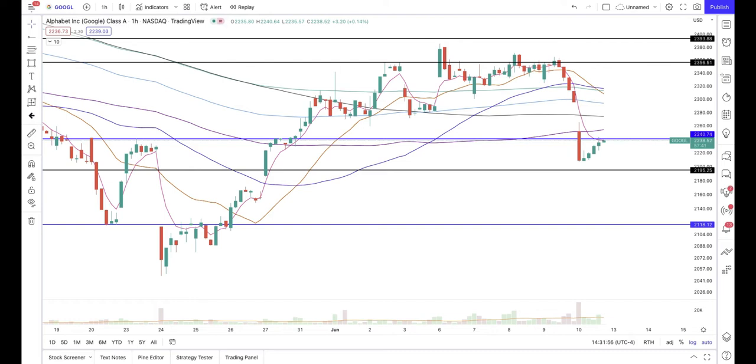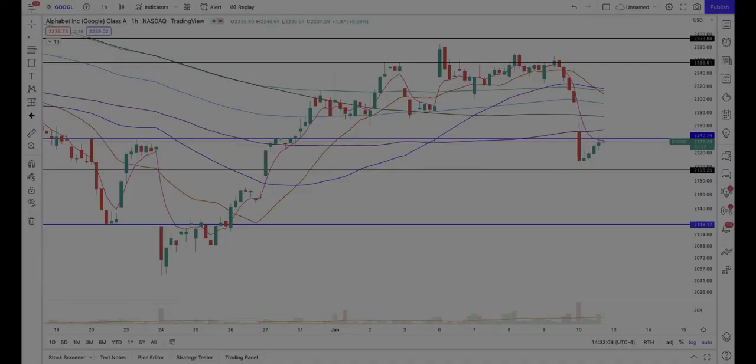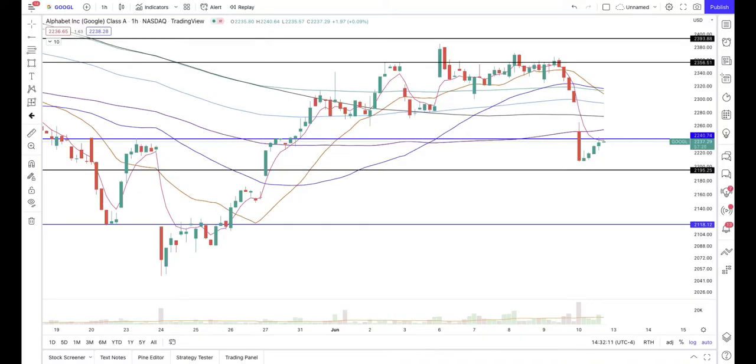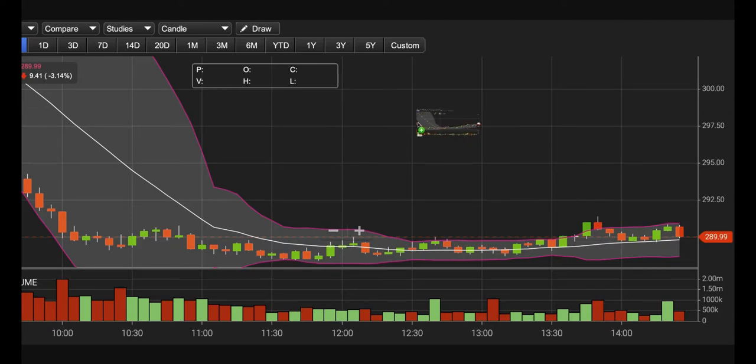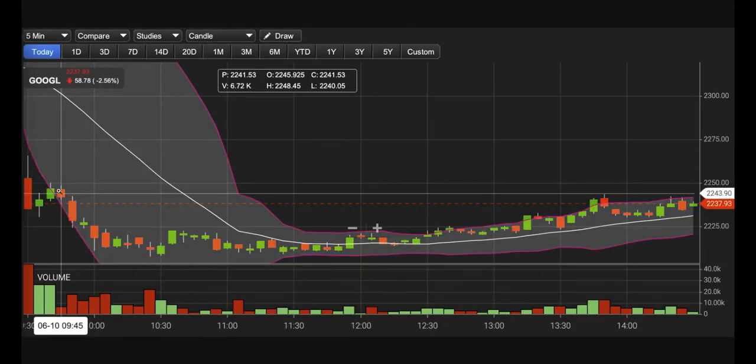And so if I pull up, let's see, Google on my 5 minute basis, the 5 minute will show you that Google is just failing at this inflection point from 945.